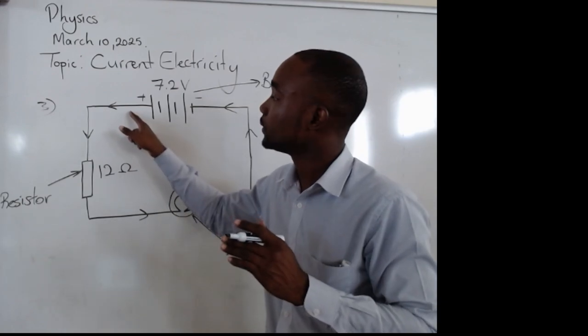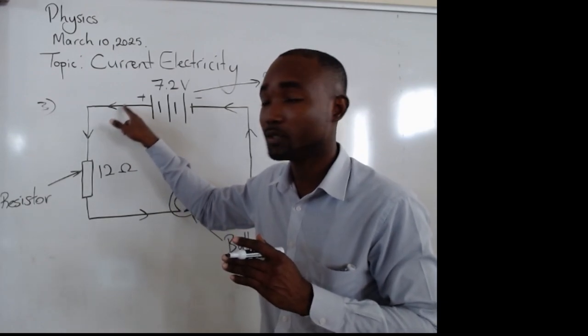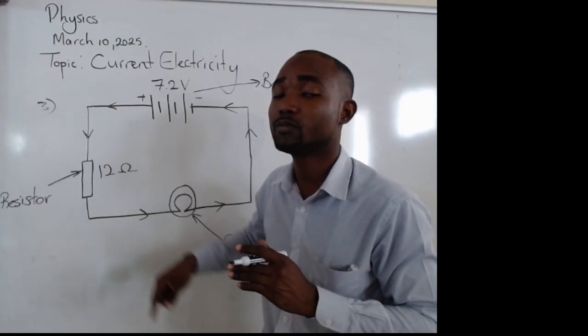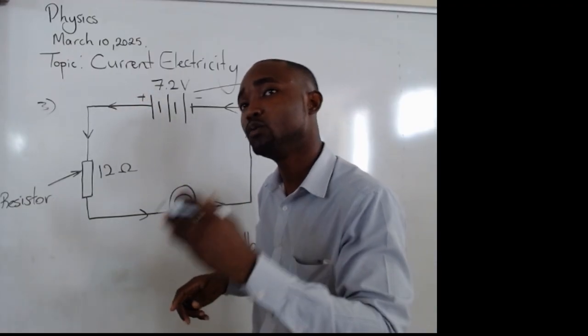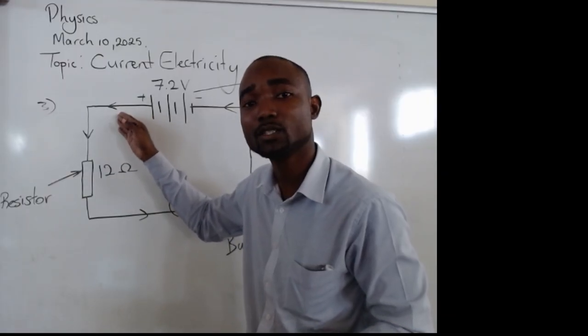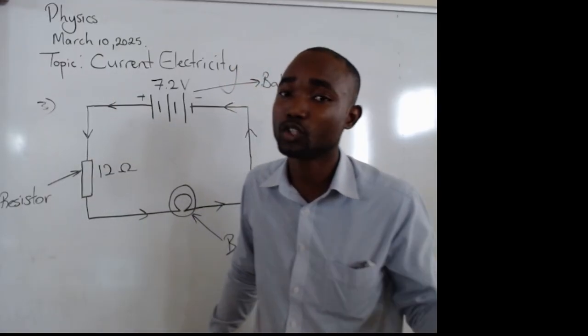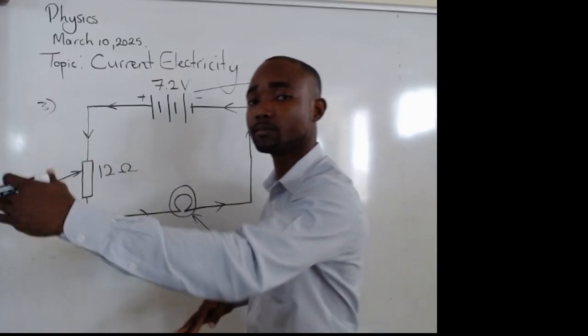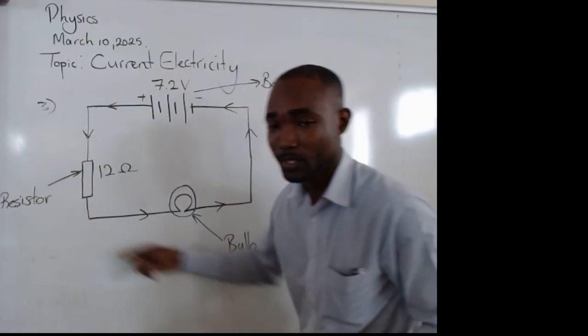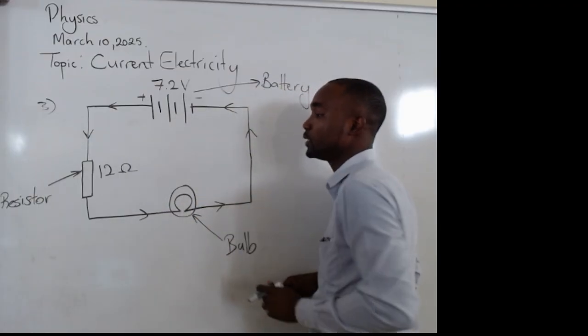So this is the convention for current to flow from the positive terminal to the negative terminal. As you move up, we will delve deeper into conventional current and electron flow. But for now, we are going to find the current flowing through this circuit and also through the bulb.